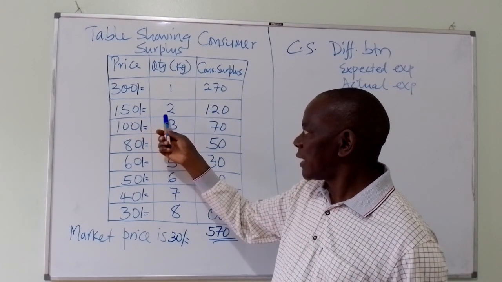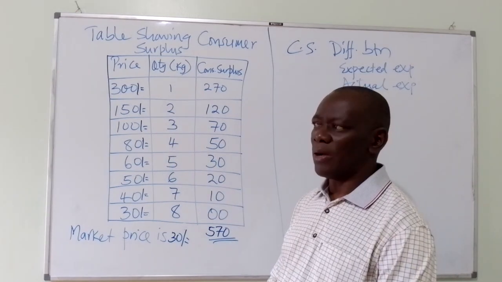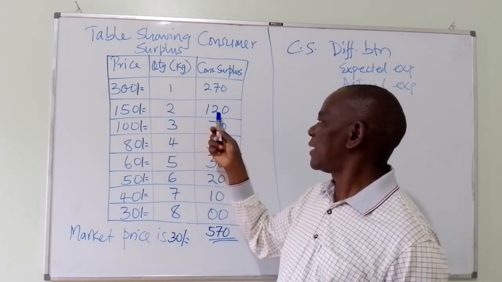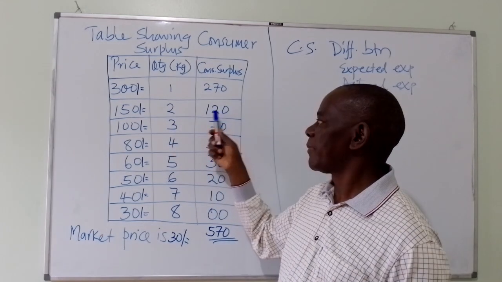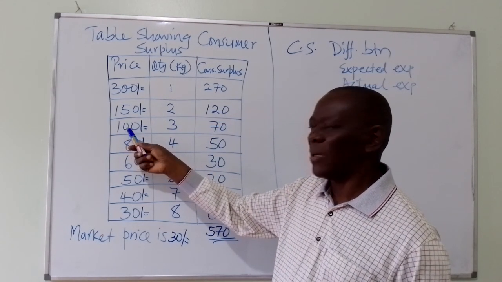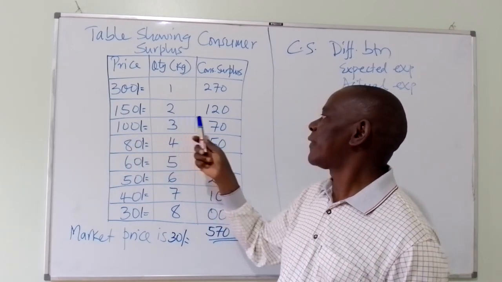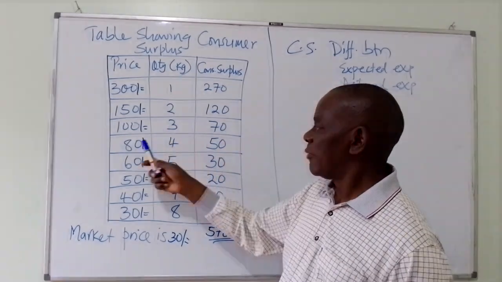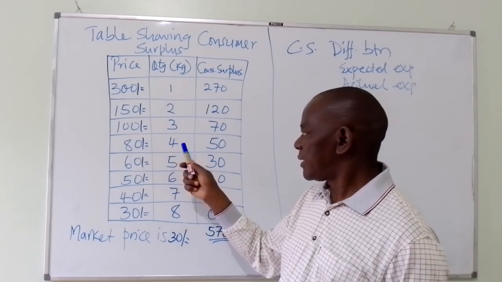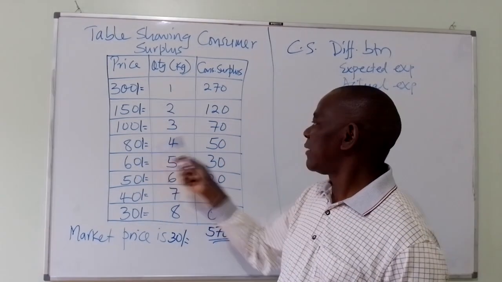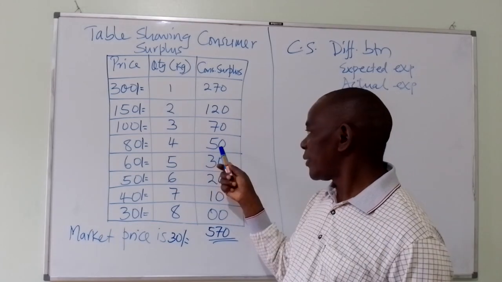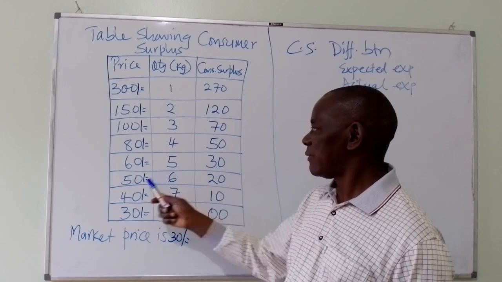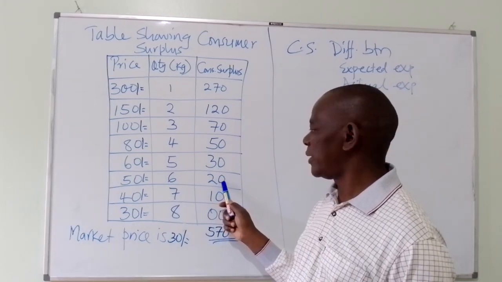On his second kilogram, he was willing to pay 150, it is at 30. So he has a surplus of 120. He was willing to pay for the third one 100 shillings. He finds it at 30. There's a surplus of 70. He was willing to pay 80, but that is on the fourth. But he finds the price at 30. So there is a surplus of 50. 60, a surplus of 30. 50, a surplus of 20.